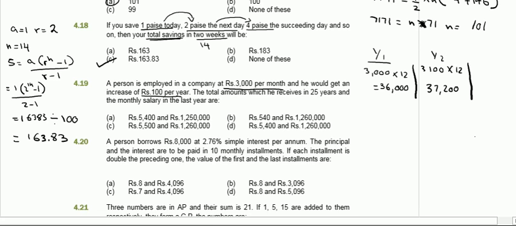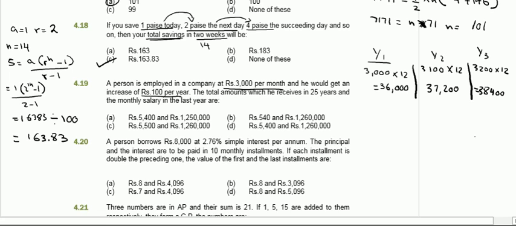The total amount which he receives in 25 years, so this will keep on increasing. For example, in year number 3 it will be 3200 into 12, and 3200 into 12 is 38,400. We need the total amount which he will receive in 25 years and the monthly salary in the last year.